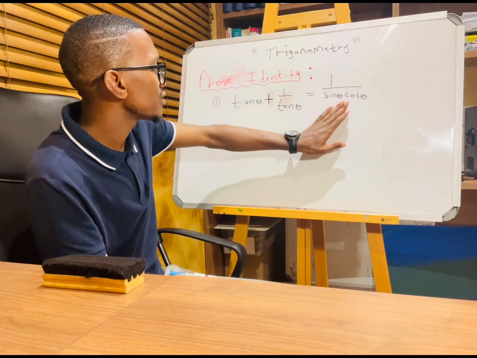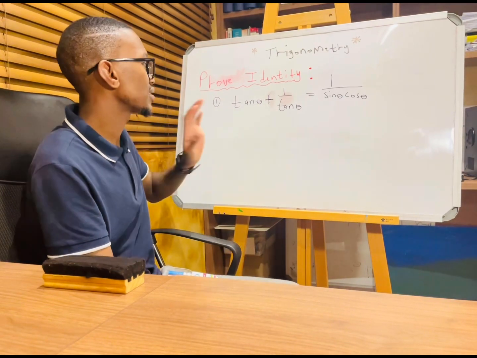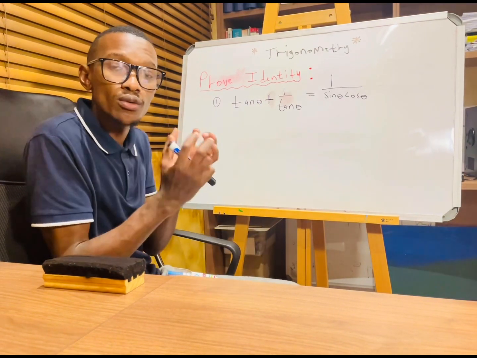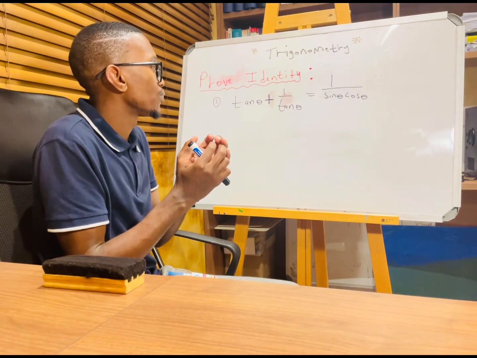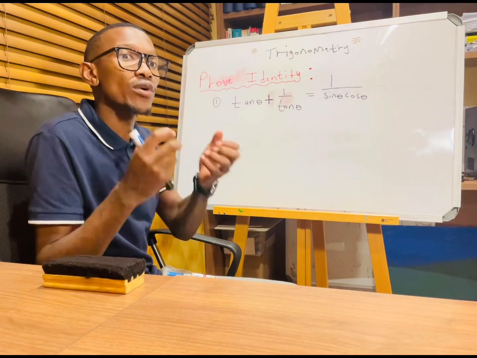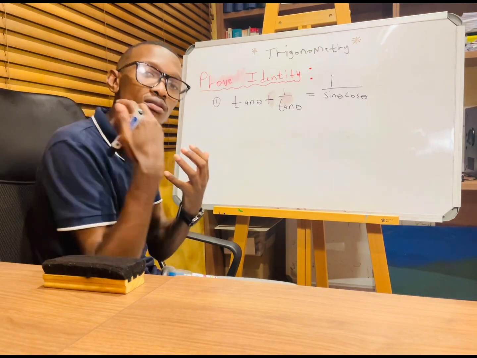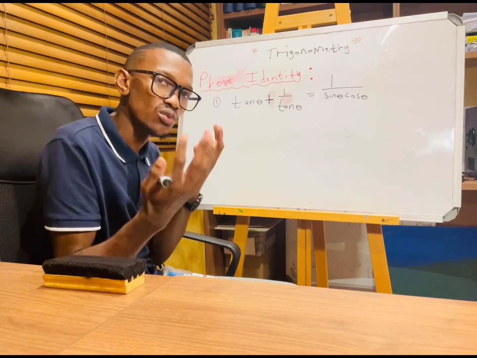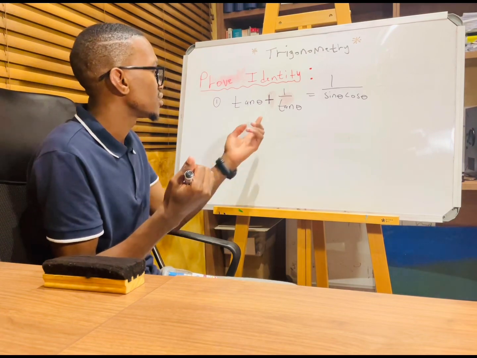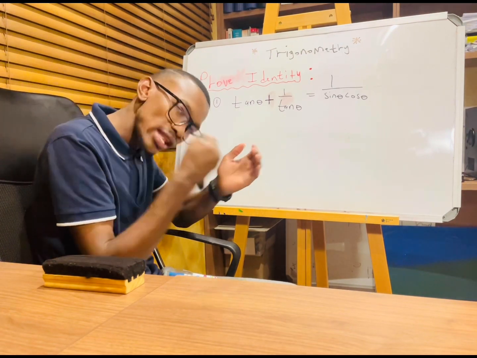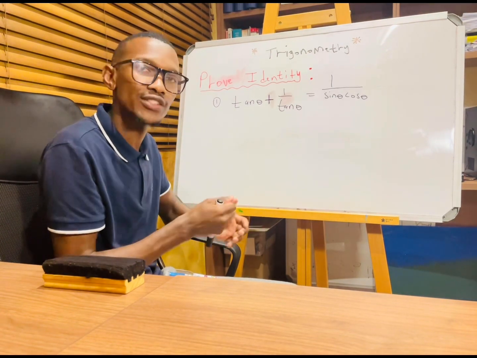When I'm looking at the right hand side and the left hand side, I can see that the left hand side is more complicated. So with proving identities, we focus on the side that is more difficult to work on. Which one is that? This one. So let's focus on that one.